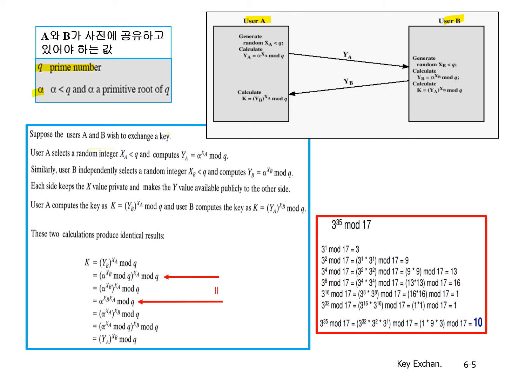User A first selects a random integer XA and computes YA. This is called a blind key because it is a function of XA based on alpha and q.